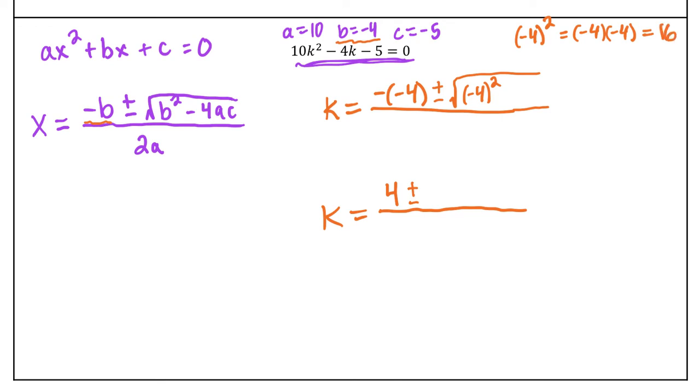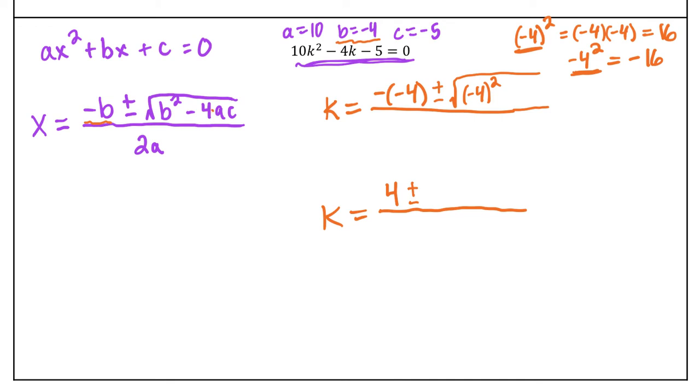If you don't put the parentheses around it, you may still end up doing it correctly because you know what you meant, but if you type this in the calculator without the parentheses, it's going to tell you that that's -16, and that's not correct. So you'll see me put parentheses around whatever b is to help us remember that it's being squared.